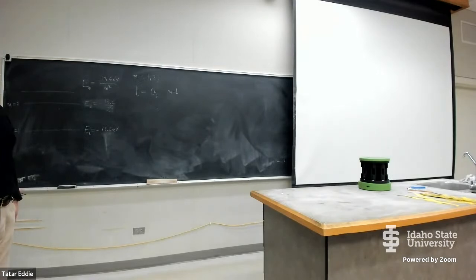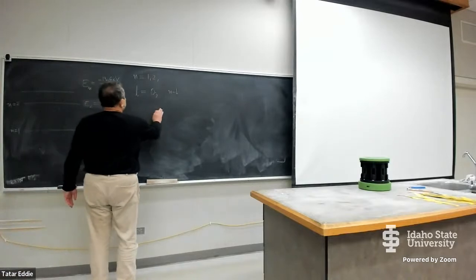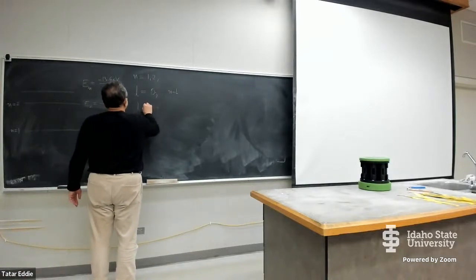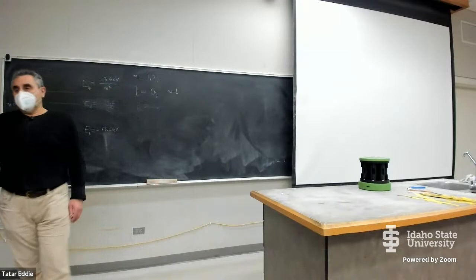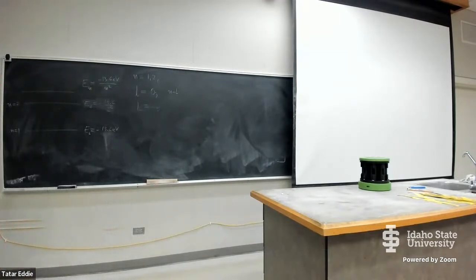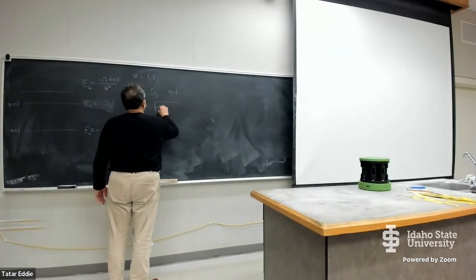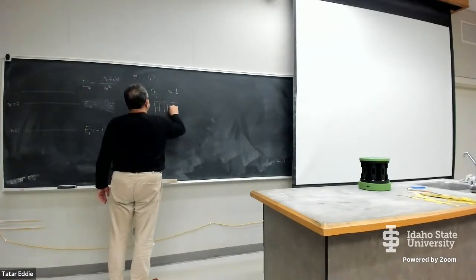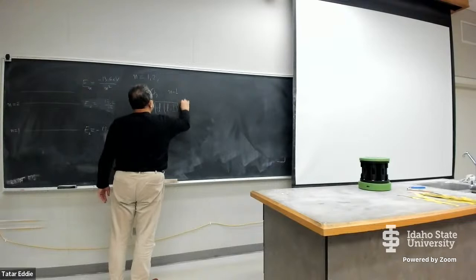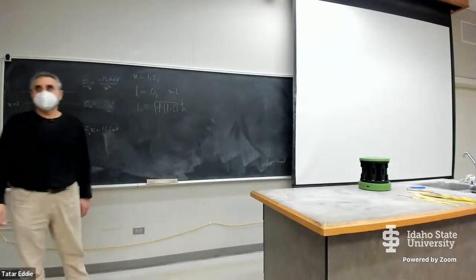The orbital quantum number gives the orbital angular momentum of the electron in an atom. And quantum mechanics demonstrates that the angular momentum of an electron in a state described with orbital quantum number L is equal to square root of L times L plus 1 multiplied by Planck's constant.